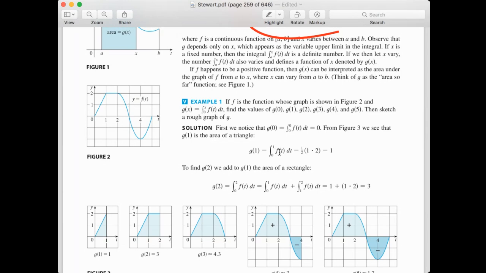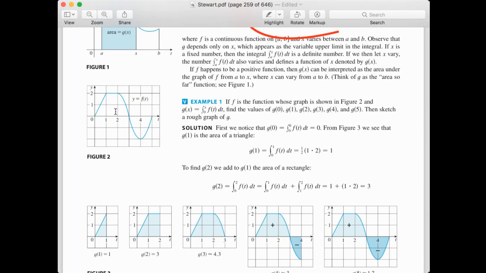We won't be able to find the antiderivative, but we can get it from this picture. We look at this triangle. The base is 1. The height is 2. So 1 times 2 is 2, then divided by 2, we get that this area is 1. So g of 1 is 1.